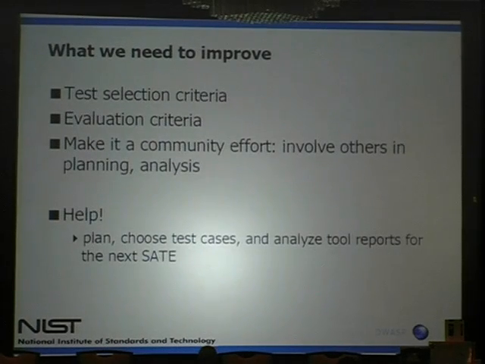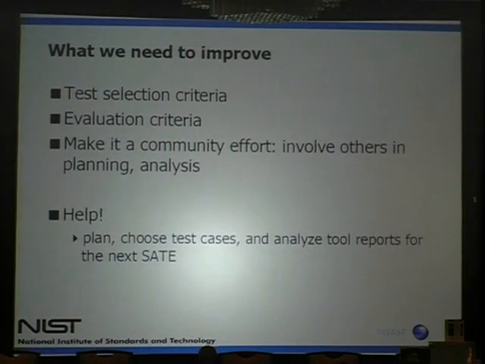Some areas for improvement: definitely test selection criteria have to be clearer. The evaluation criteria have to be clear and as non-ambiguous as possible. We want to make it a community effort to involve others in this. Also, communication with the tool makers is really important.